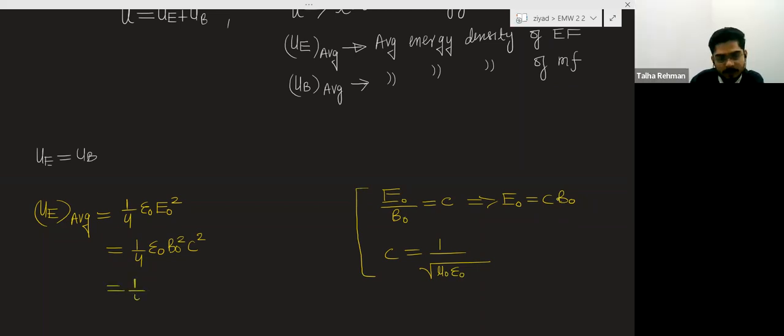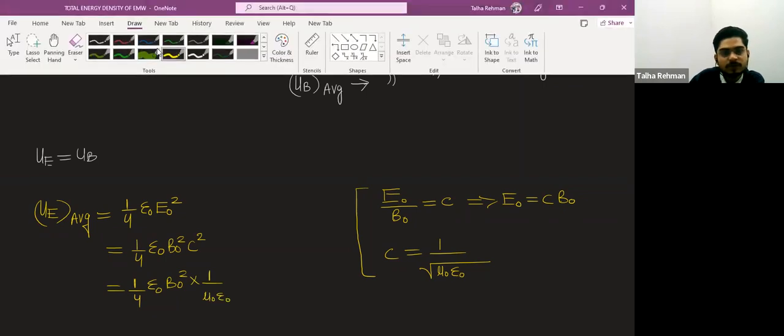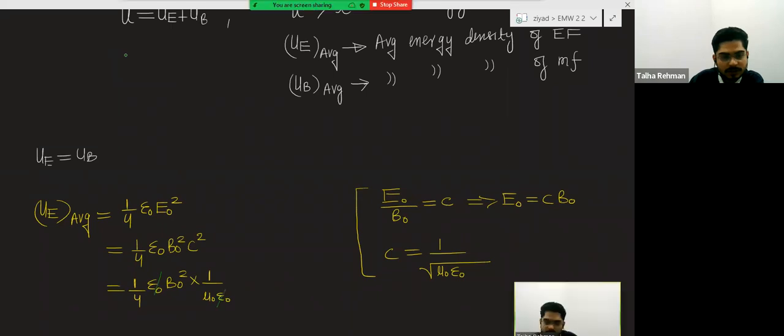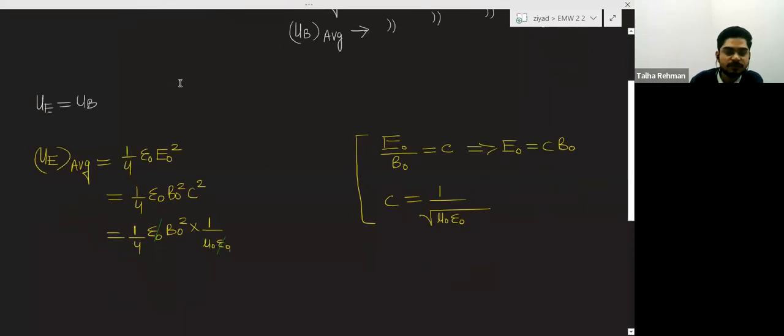So this will become 1 by 4 of epsilon naught B naught square, and instead of C square, when you do the square of C, you will get 1 upon mu naught into epsilon naught. Now this epsilon naught cancels out.